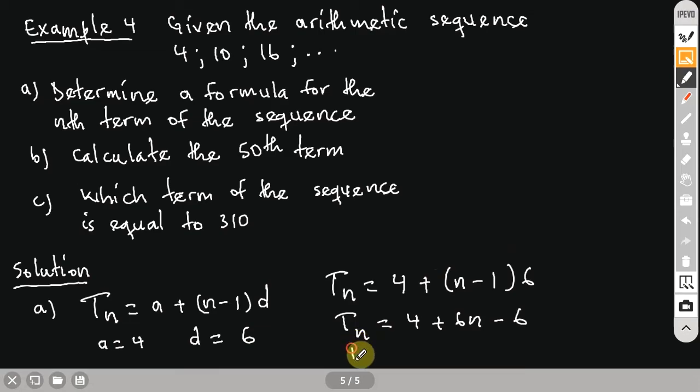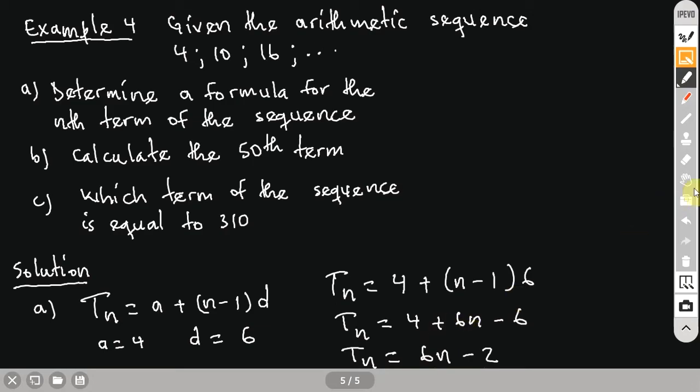So Tn is equal to 6n, and 4 minus 6 will give you minus 2. Okay, so this is the formula for the nth term of the sequence. That is Tn is equal to 6n minus 2. To get any term in the sequence, you'll need this formula. Okay, now let's do question B.